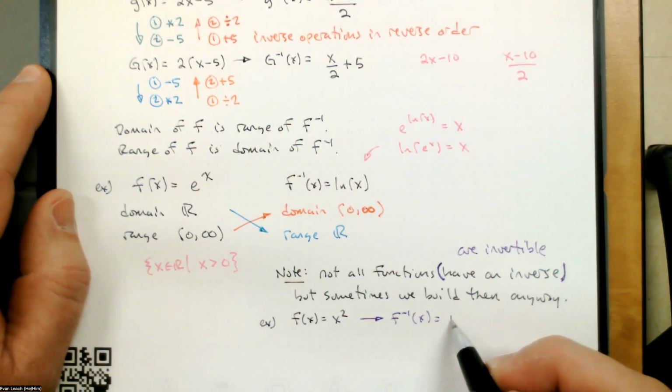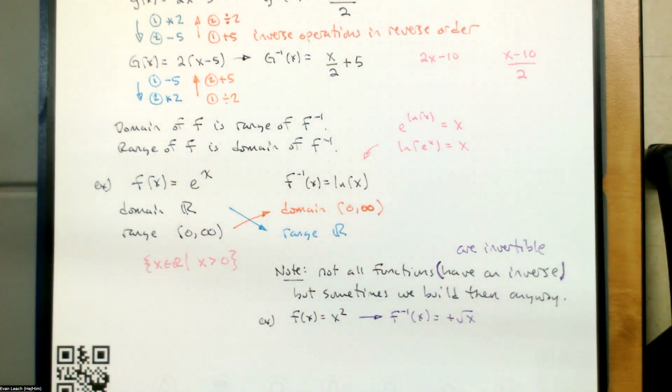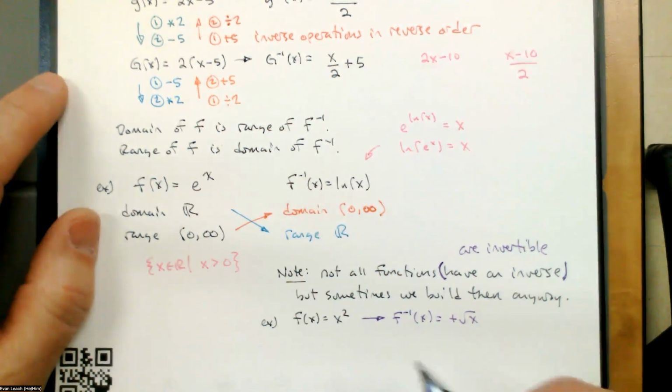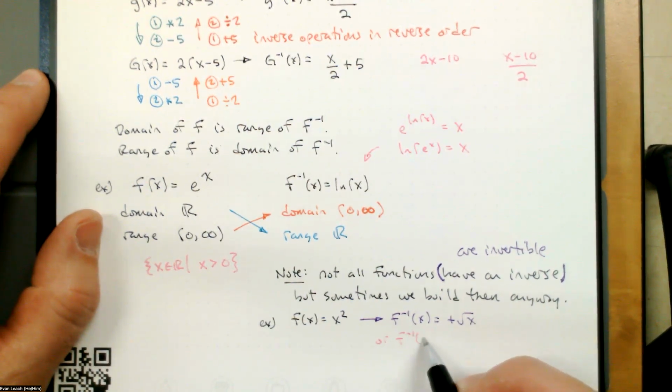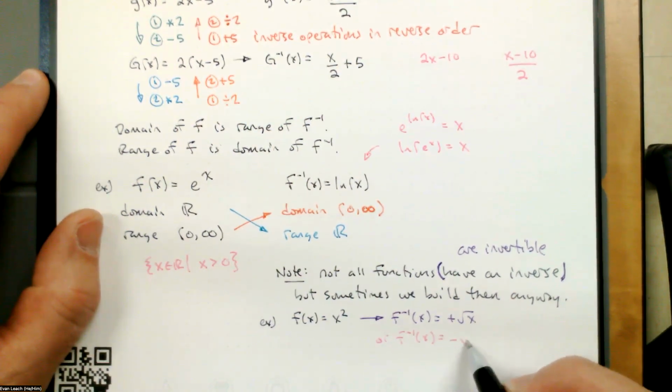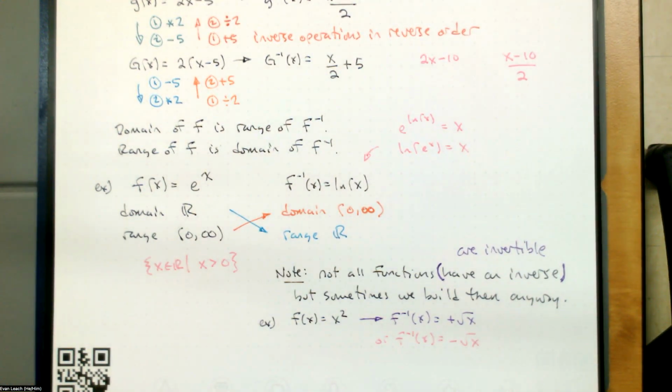We can either use positive square root of x by restricting the domain of our original function, or we can go with negative square root of x, depending on how we restrict the domain.